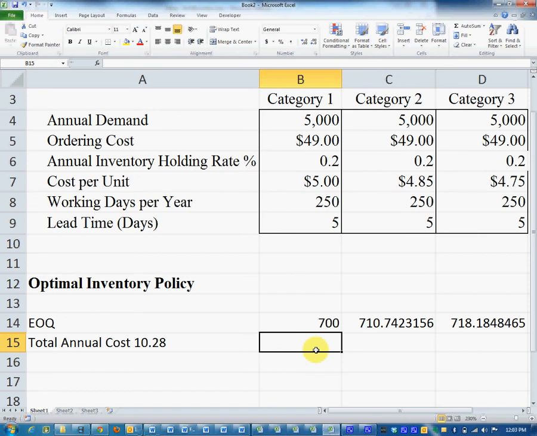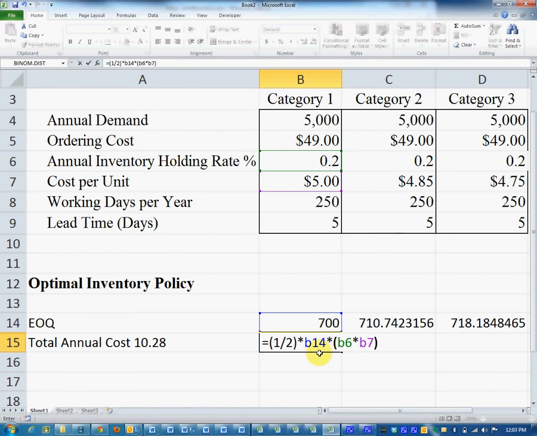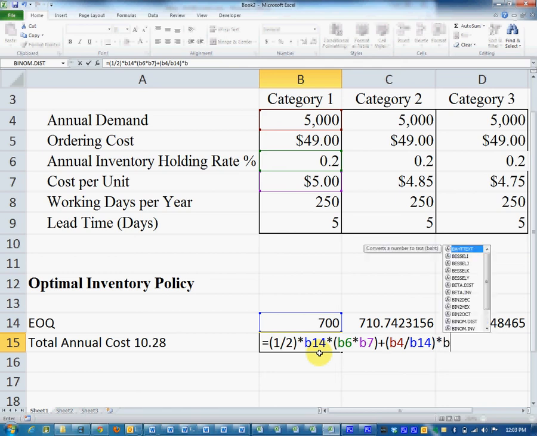So we're going to go equals, open 1/2 times B14 times open B6 times B7 close plus open B4 over B14 close times B5 plus B4 times B7.